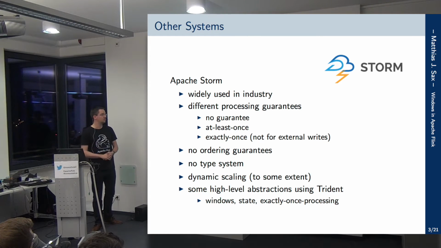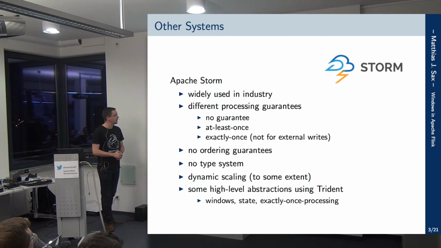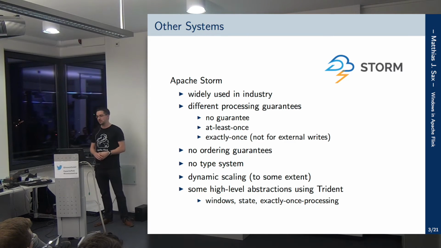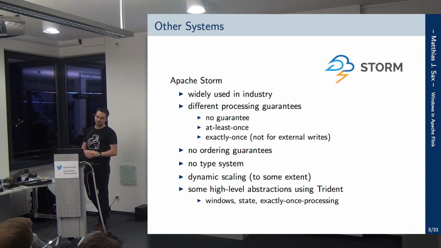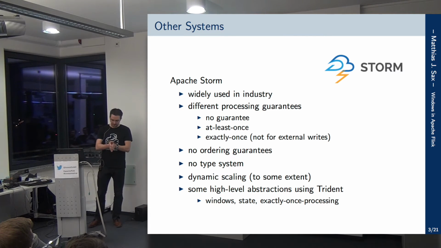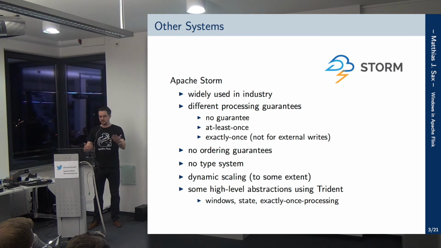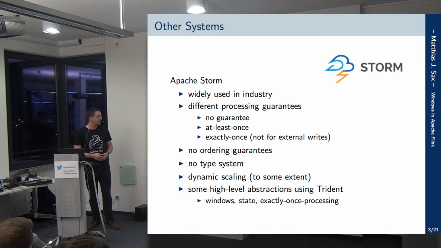Storm does not have any support for this. Then a major drawback in Storm is there are no ordering guarantees whatsoever in the system. So data is ingested, and then you partition the data, and this repartitioning can lead to some tuples overtaking other tuples, and you have no guarantees in which order the tuples really are processed in your operators.